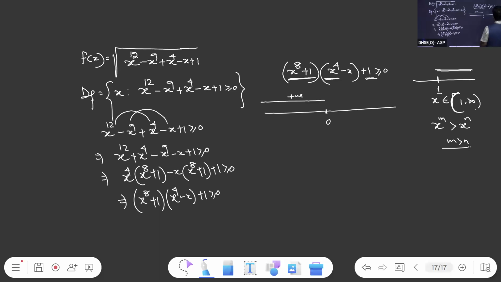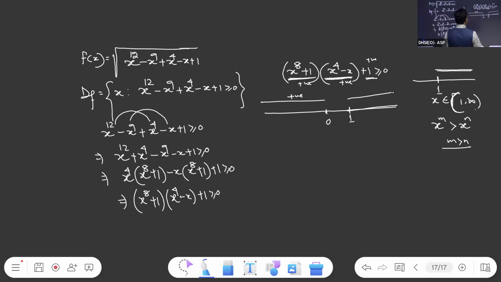So when x belongs to 1 to infinity, x to the power 4 is greater than x. So x to the power 4 minus x is positive. 1 is also always positive. So in the region 1 to infinity also, the expression is positive.